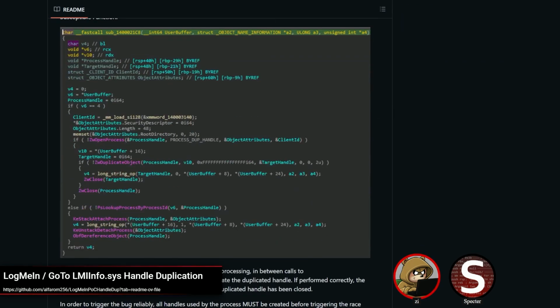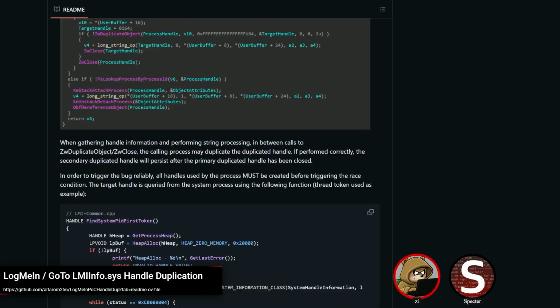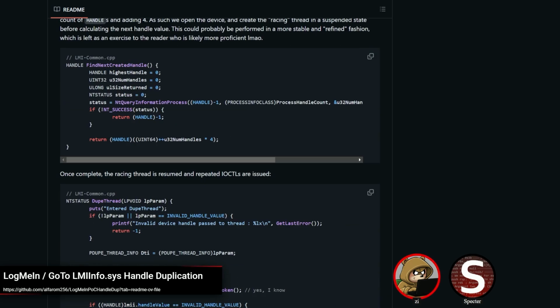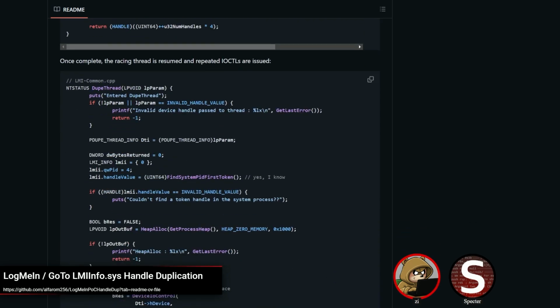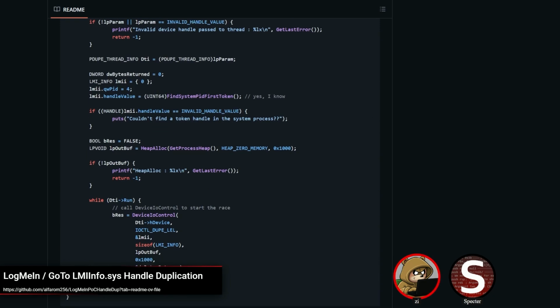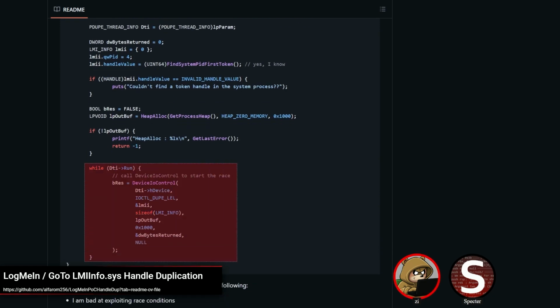During this brief period where it can arbitrarily open a handle, you control what handle it's trying to open. You can then race this process between duplicating the object and when it closes the object, and try to duplicate it yourself by calling dupe. That's where their attack comes in. They have one thread that just keeps making the device ioctl call.